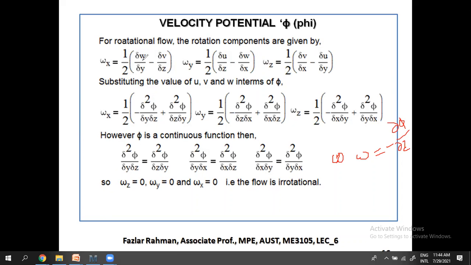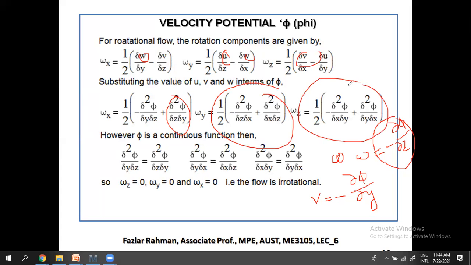So right over here, in this w you replace it by this term. So you have minus del square phi by del y del z. Similarly, what is the v? v equal to minus del phi divided by del y. So you replace v and you will get this term. Similarly, replace u and w, you get this term, and for v and u, you get this term. So if the flow is irrotational, then what will happen?